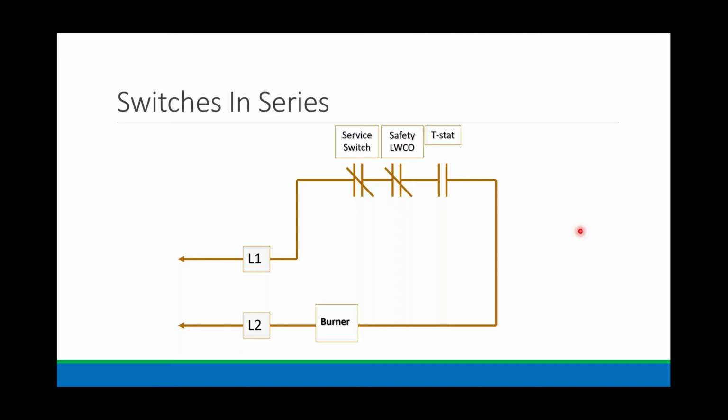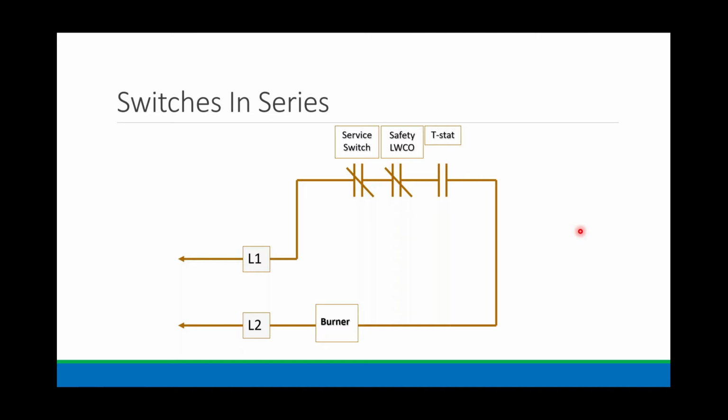Then I got a safety low water cutoff. That's my safety at the boiler itself, and that's a normally closed position. The probe is surrounded by water, and as long as the probe is surrounded by water, we keep that switch closed. And then we have our T-stat, which is our switch that'll automatically open or close.